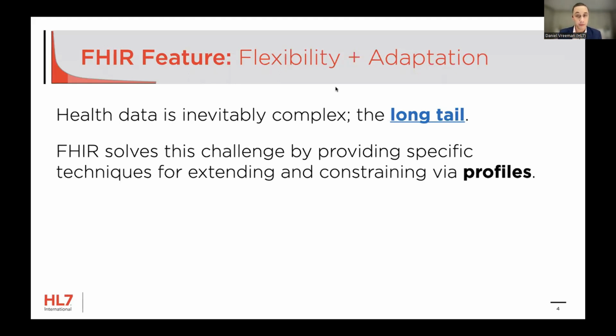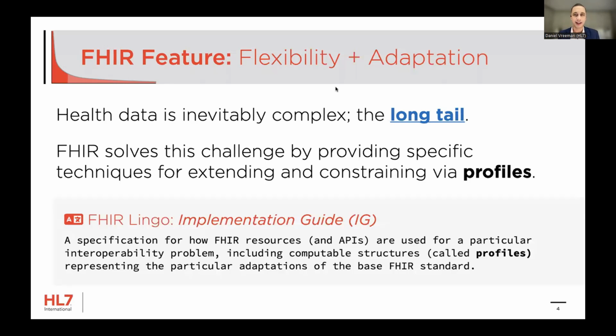And it includes specific techniques for extending the data model or constraining it for your particular use case via a technique called profiles. And so when you hear the word profiles in the FHIR world, it's often in conjunction with a publication that we would call an implementation guide.